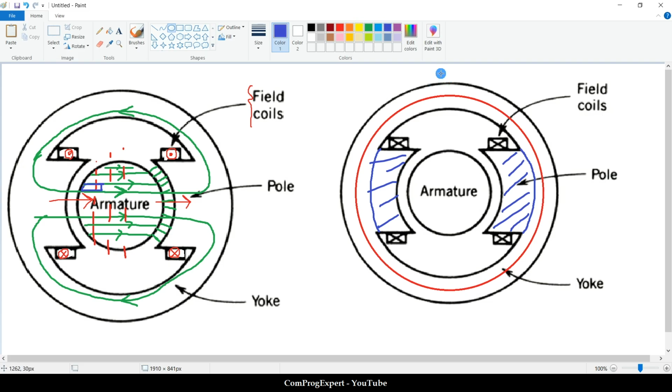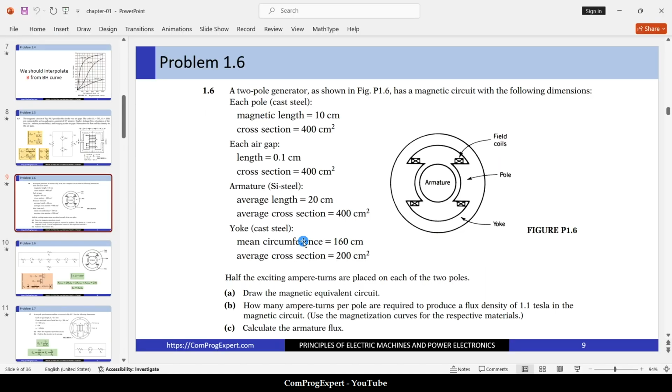The cross section of the yoke, this cross section, right? The length that we have here is half of this one, and this one. So here cross sections are equal, and this is half.